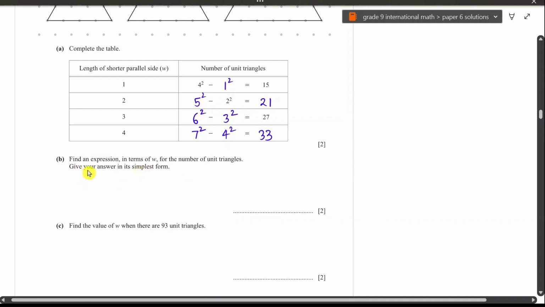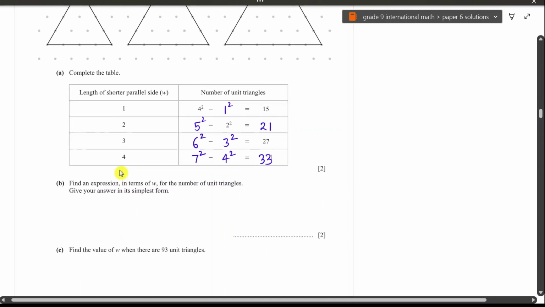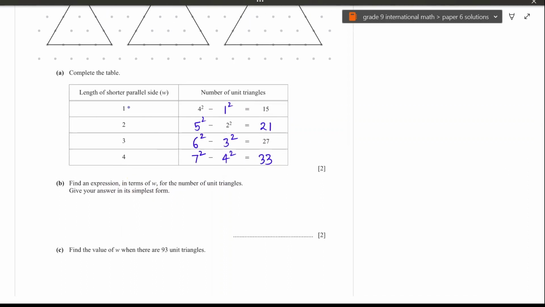So we have question B now. Find an expression in terms of w for the number of unit triangles, and again give the answer in the simplest form. When I compare the first term, this is 1 and 4, 2 and 5, so you can see there's a plus 3 thing. So w plus 3, because this column is my w.